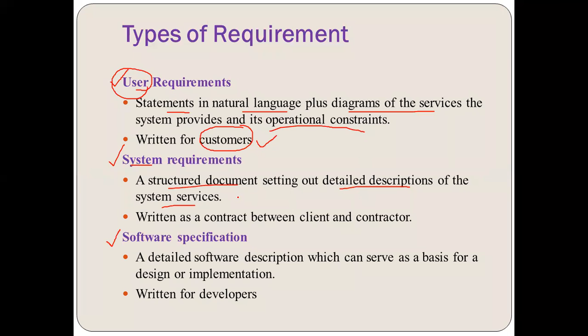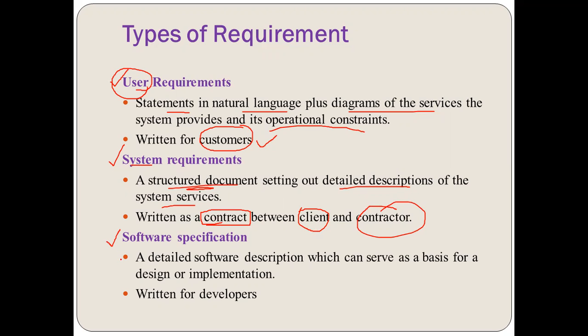So these are sometimes called legal documents. That is why it is said that it is written as a contract. See, the word contract is used because, as I told you, it is a legal document that is structured between client and the contractor, right? So this is a kind of contract between the two.